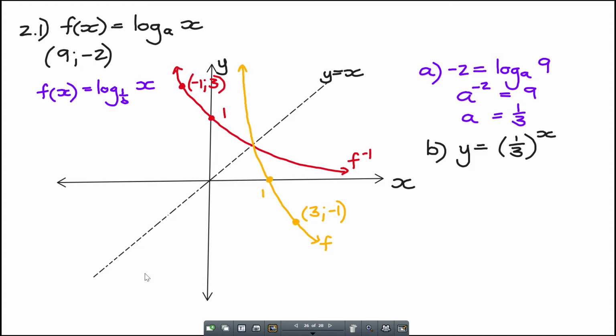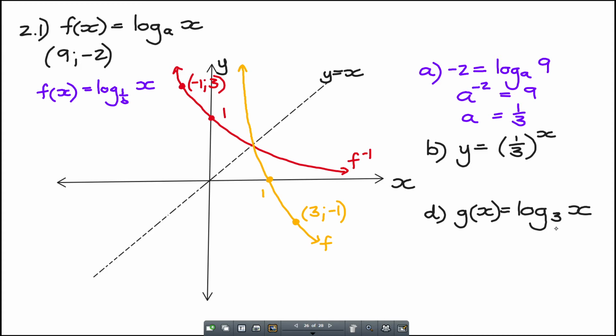So what's going to happen is x is going to stay the same, but y is going to change. So this will become g(x) is equal to log 3x. Okay, so can you just see that that third became a 3?